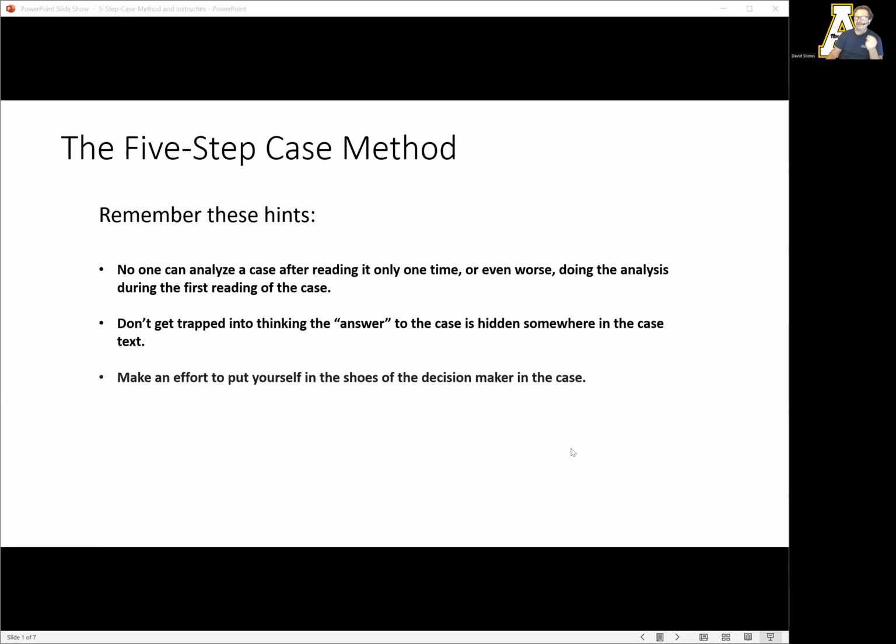Don't get trapped into thinking the answer to the case is hidden somewhere in the case text. Sometimes there may not be a big answer, but there actually might be. So part of what I'm saying is, don't presuppose, just read and think, okay? And the last thing is to make the effort to put yourself in the shoes of the decision makers of that particular case.